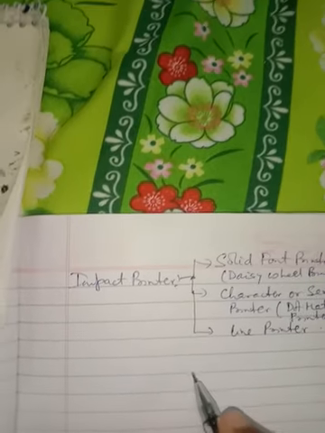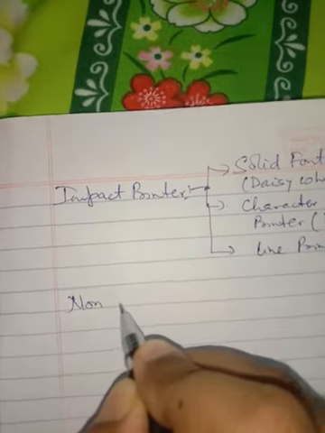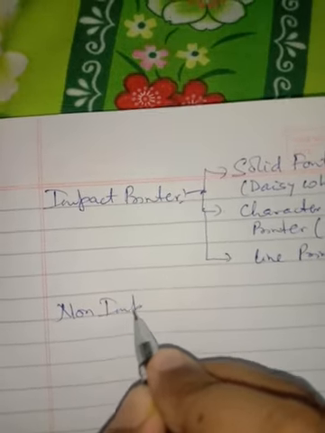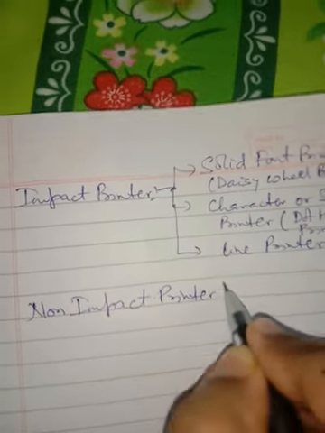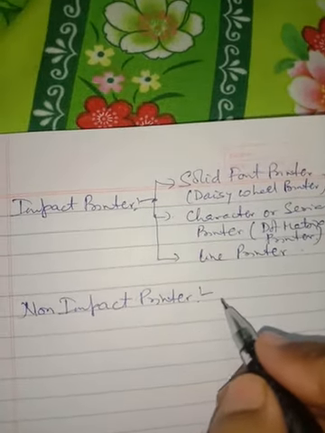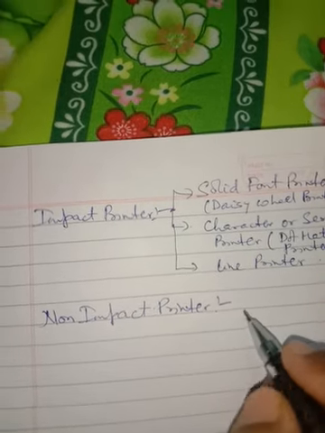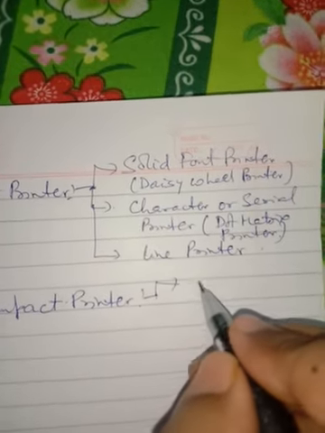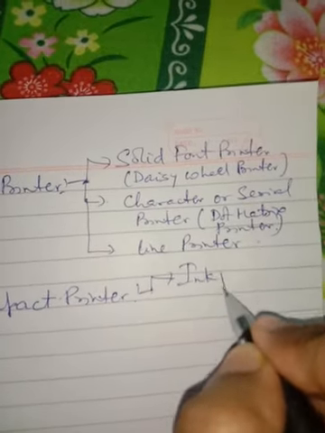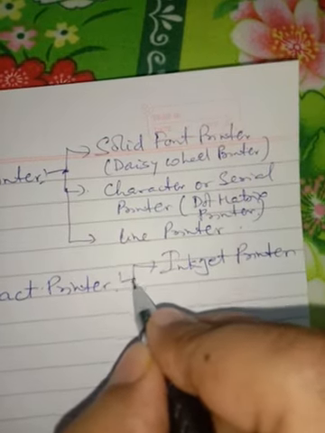Now we come to the non-impact printer. There are four types of non-impact printer. The first one is inkjet printer.